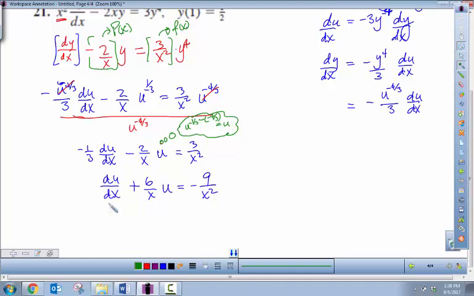There's some integrating factor thing, right? This is a mu, not a u. You remember what it was? It was e to the integral of the p function, 6 over x dx. Remember that? Yeah, 6 ln x.